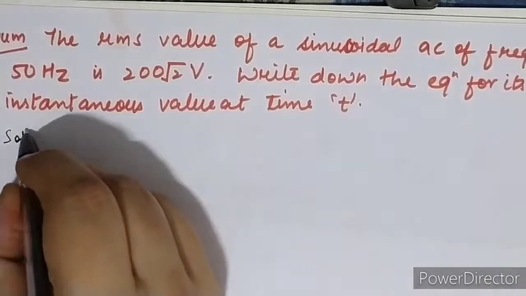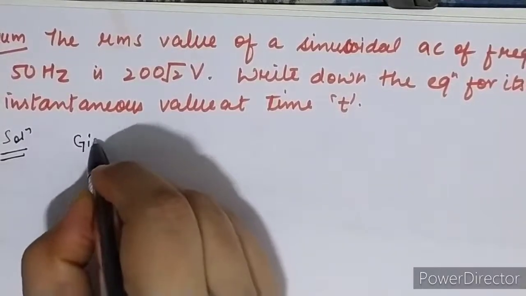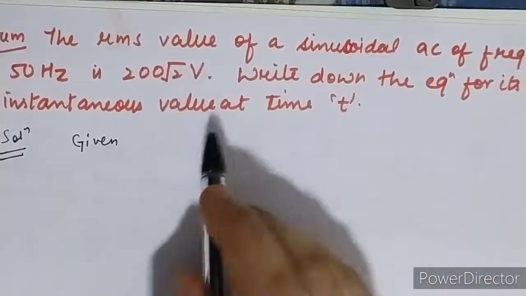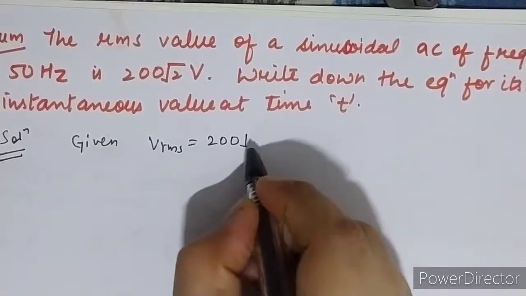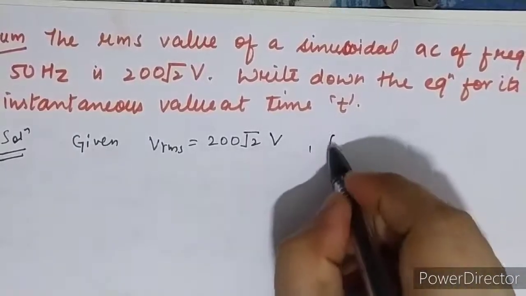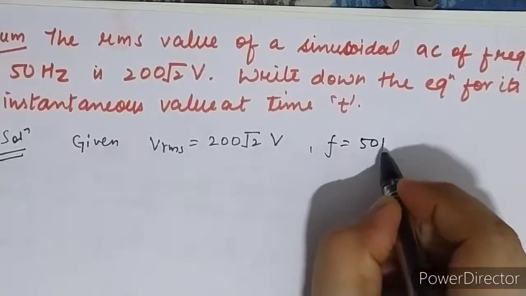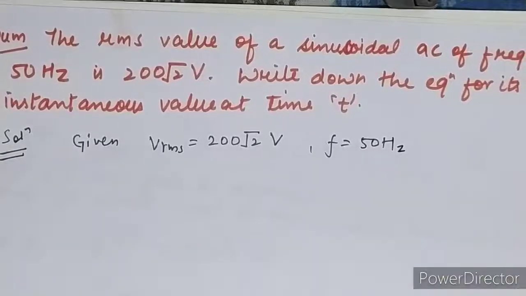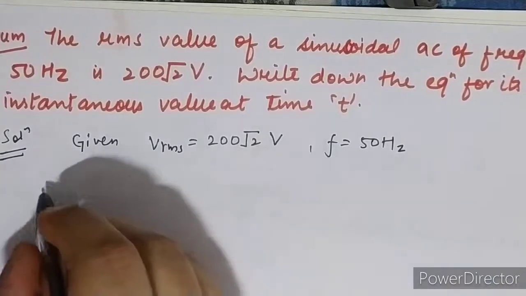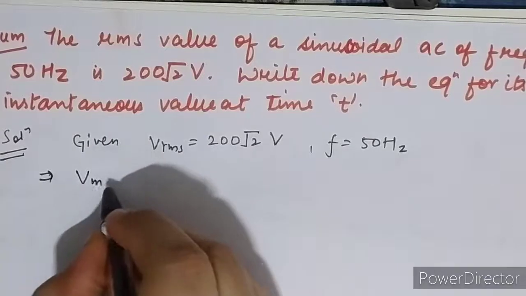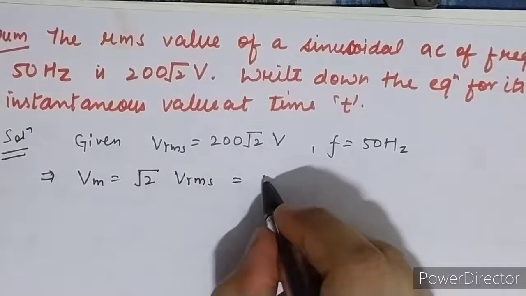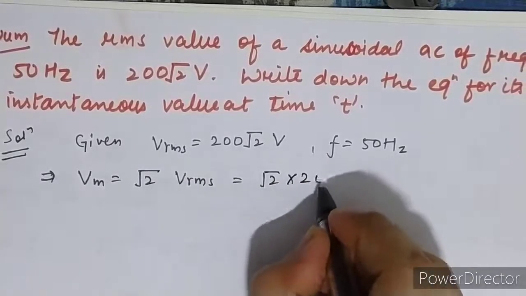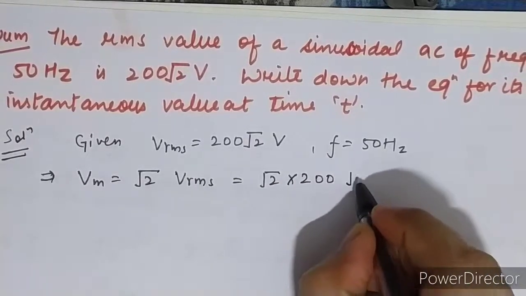So in the solution, first of all we have to write the given values. The RMS value, VRMS, is equal to 200 under root 2 V and the frequency is 50 Hertz. Now, the peak value is always under root 2 times its RMS value. So the peak value Vm is under root 2 into 200 under root 2.